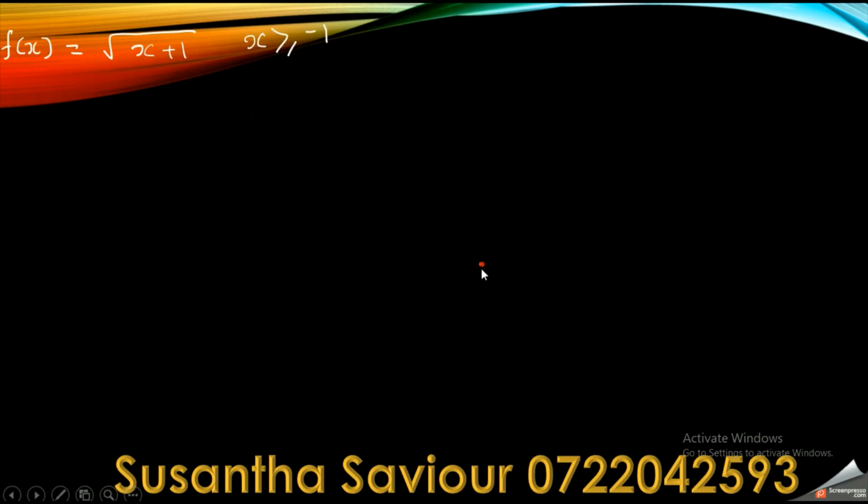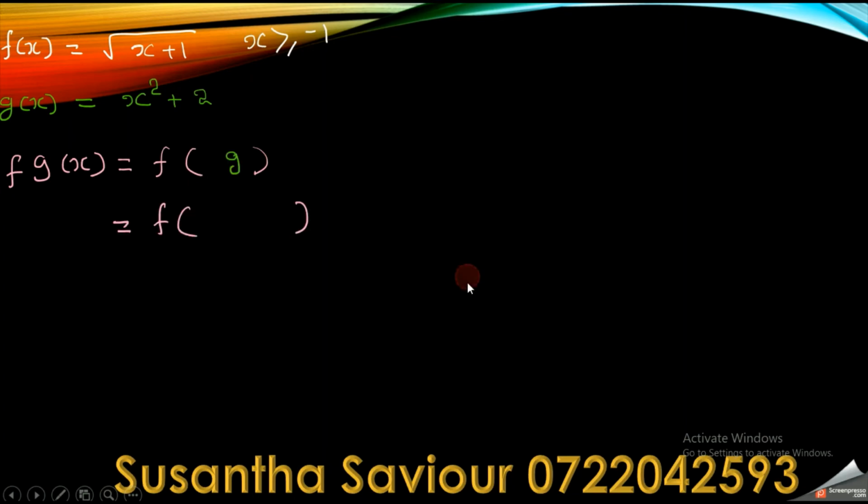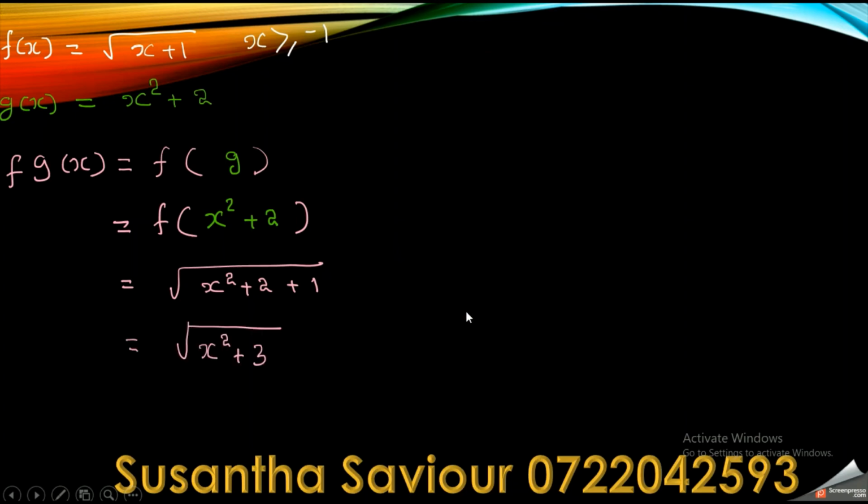The other one, fgx. fg means what? In the function f you apply g, so f of x squared plus 2, and then g is x squared plus 2 plus 1, then x squared plus 3, right? x squared plus 3.